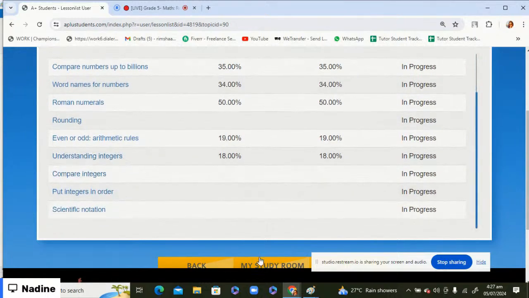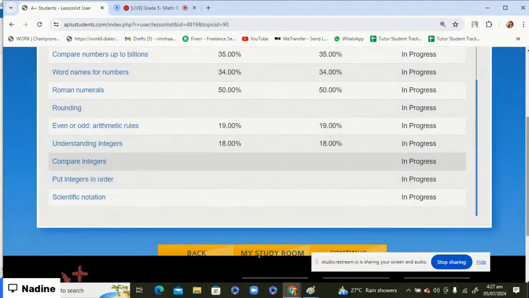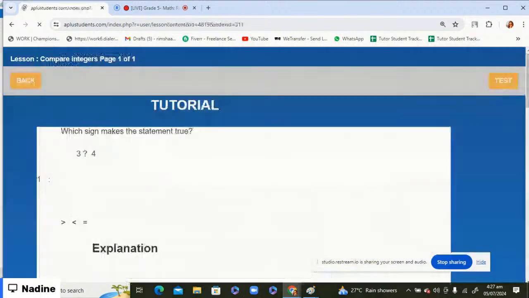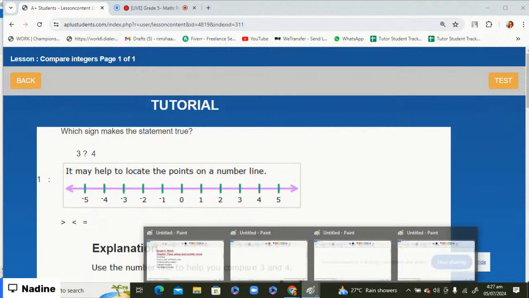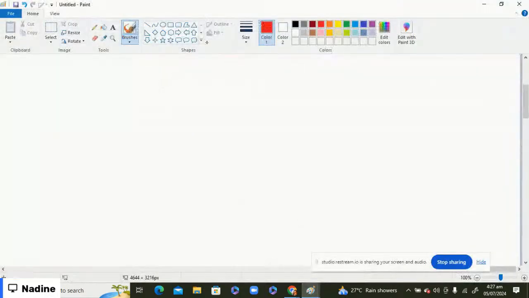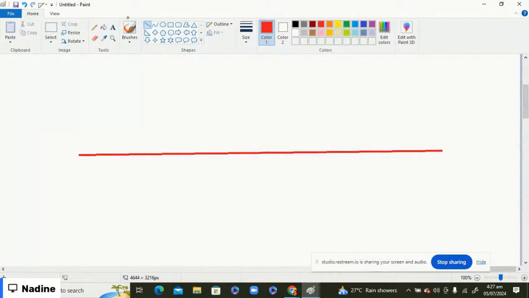Compare integers. So here we are going to compare. First of all, let me tell you what this line basically shows. Look at here. There is a line here. This is called a number line. Okay. What is this line called? That is called a number line. In the middle, it's 0.